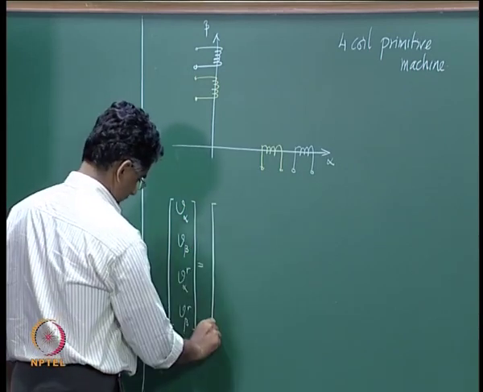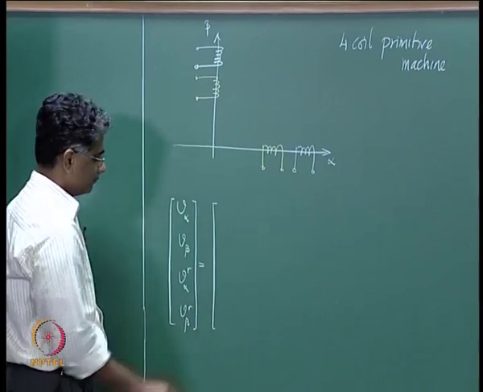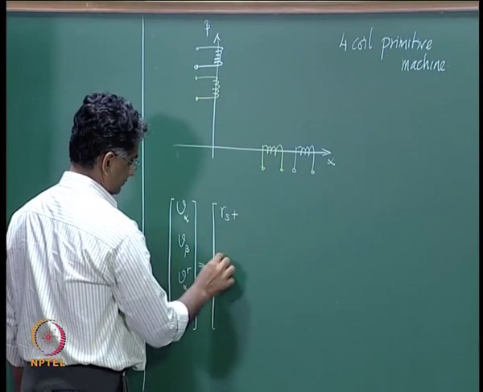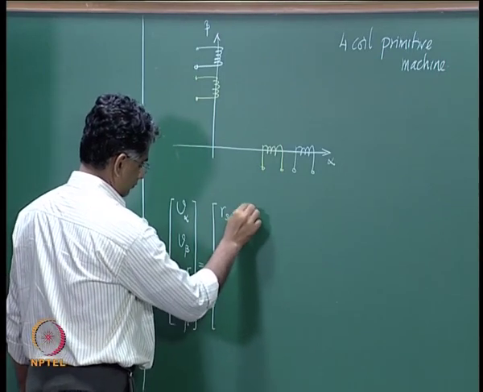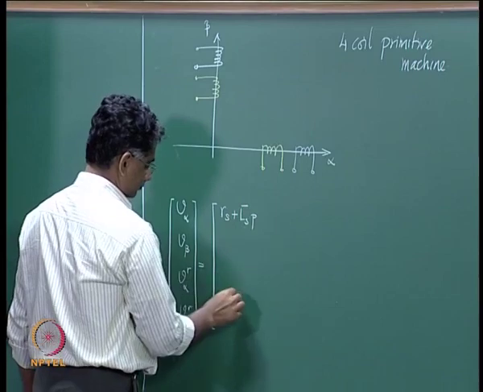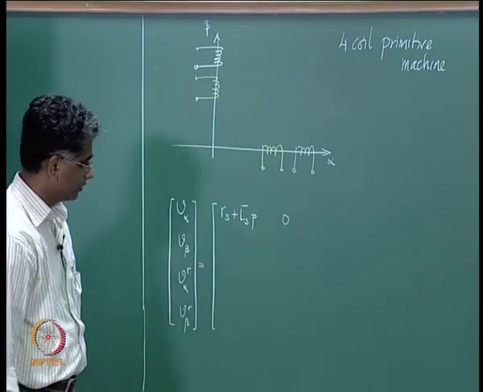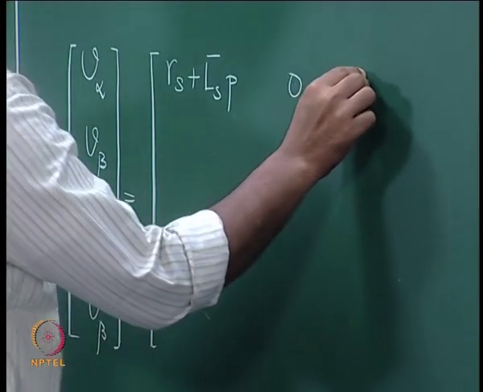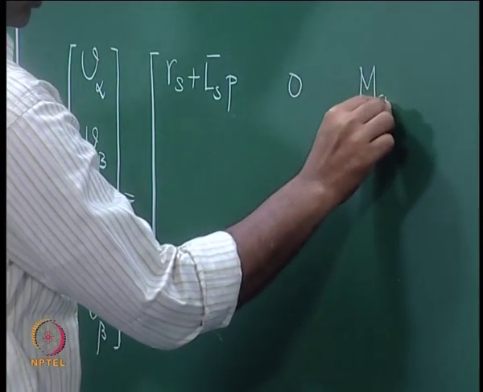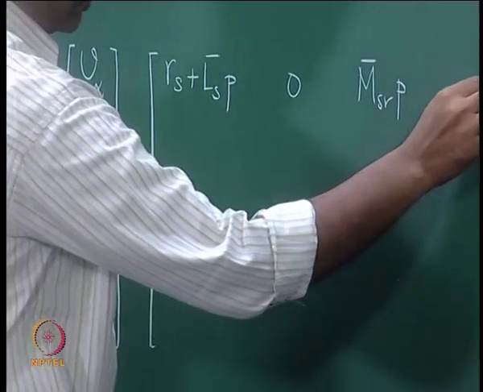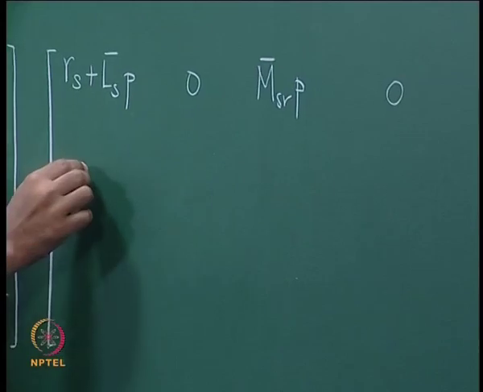This is equal to, the first term is the self impedance term, the mutual impedance between the alpha and beta coils of the stator is 0. The mutual impedance between the two coils on the alpha axis and then 0 again.